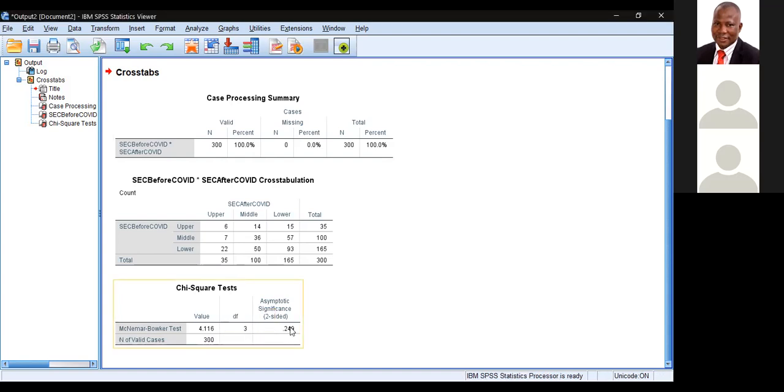So now, if you are showing it in a table in your result, it's not the way you showed the other type of chi-square. If you want to show the table now, you put percentage along the total, along the row, and along the column like this. For socioeconomic class before COVID-19, I will put 35 in brackets. What is 35 over 300, what is the percentage? 100 over 300, what is the percentage? 165 over 300, what is the percentage?